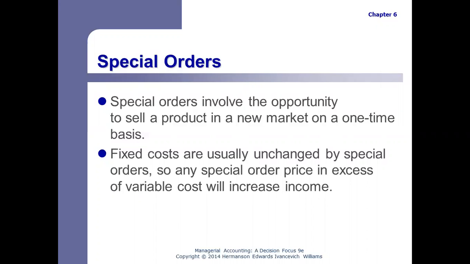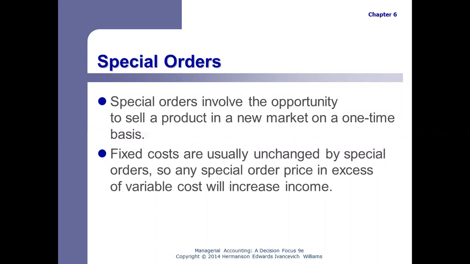So let's say you're in business to sell widgets, okay? And a new customer comes along and says, I'll order a lot of widgets from you if you give us a special price that's lower than your normal selling price. So the special order decision is whether to accept those kinds of special orders or not.